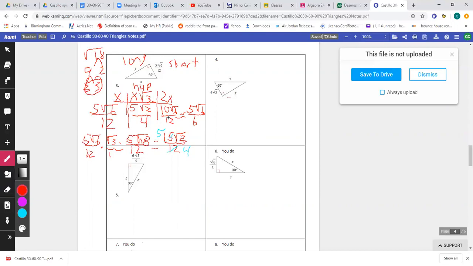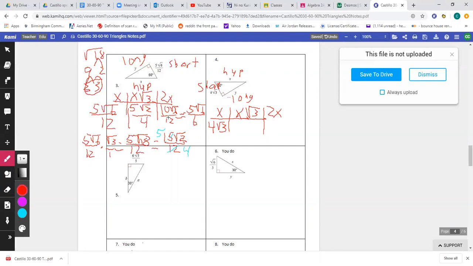Okay, so let's do a couple simpler ones. So let's look at number 4. If I do the labeling of this triangle, once again, this is short. Sorry, this is long, and this is hypotenuse. So if I make my little table here, so if my short is 4 root 3, I automatically know, I'm going to skip the long first.